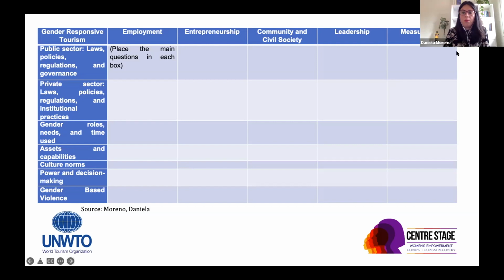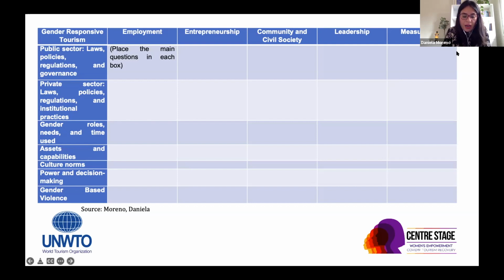We are talking about money, land, property, decisions, and many times, for example, time is another resource that we sometimes lack. So the lack of assets sometimes prevents women and girls from accessing resources that are key to get the benefits from tourism. So this is one of the main achievements that we have in this domain.